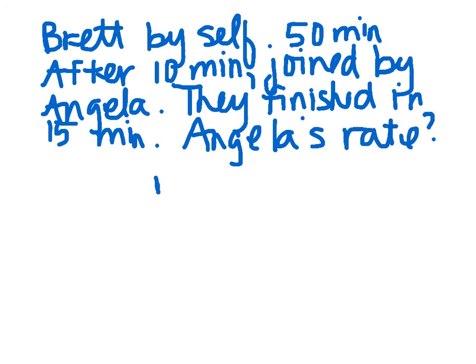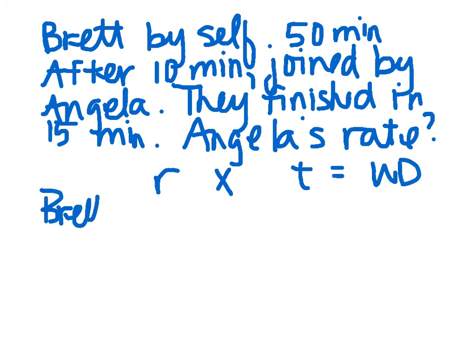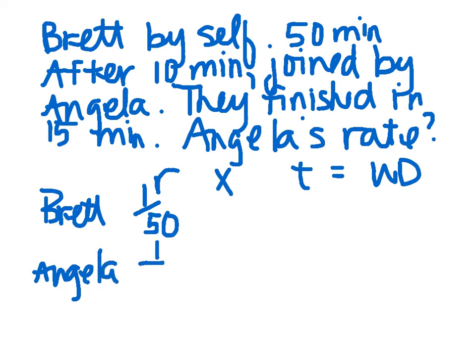Okay, so we know rate times time equals work done. We've got Brett. He normally takes 50 minutes, therefore his rate is 1/50. Angela, the thing we don't know, so her rate is 1/x. That means we must have numbers for time if our variable is in the rate. So let's look at Brett. He works for 10 minutes and then he's joined by Angela and finishes in 15 minutes.